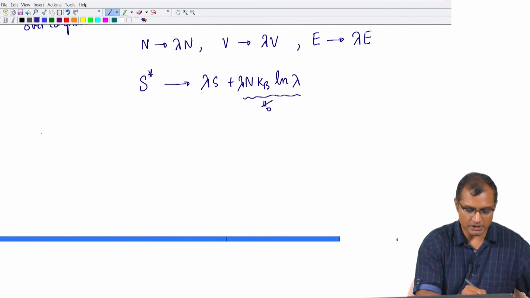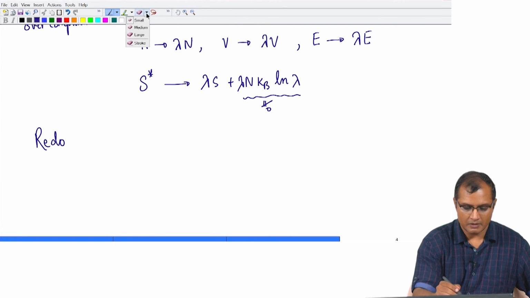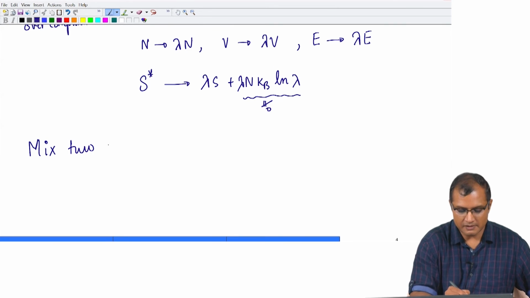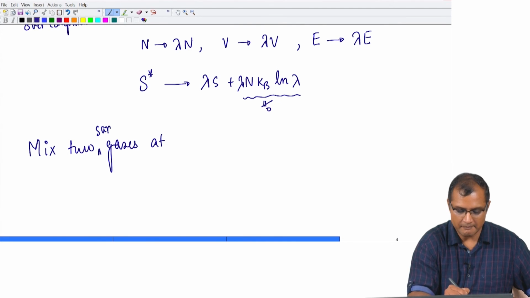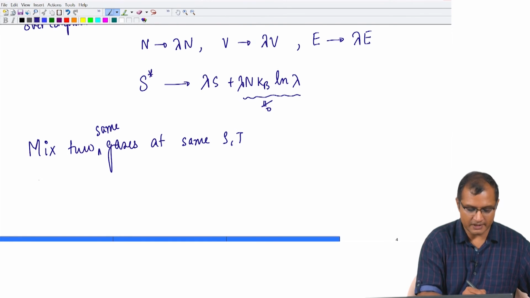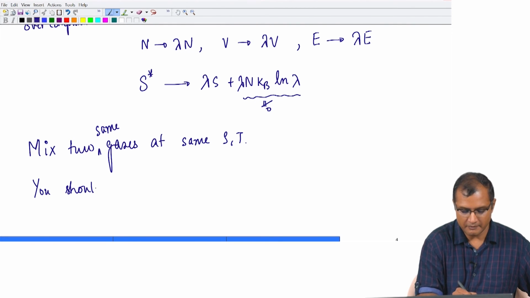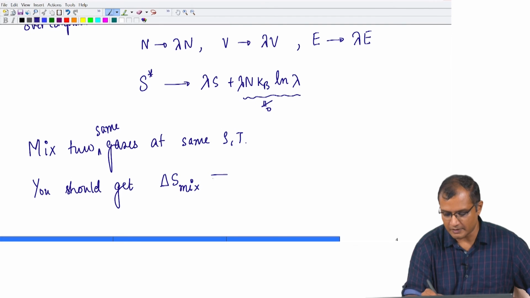Now, if you redo this mixing of gases, take the case of 2 same gases at the same temperature and density, you should get the entropy of mixing as non-zero.